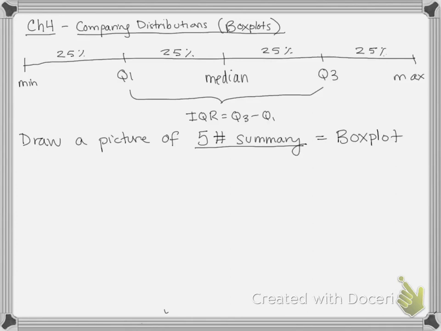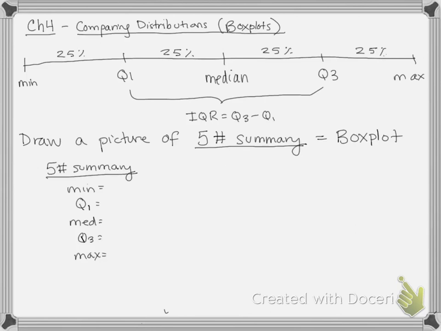So let's talk about what the values are in a 5-number summary real quick. That's going to be your min, your Q1, your median, your Q3, and your max. These are the only 5 numbers in the 5-number summary.